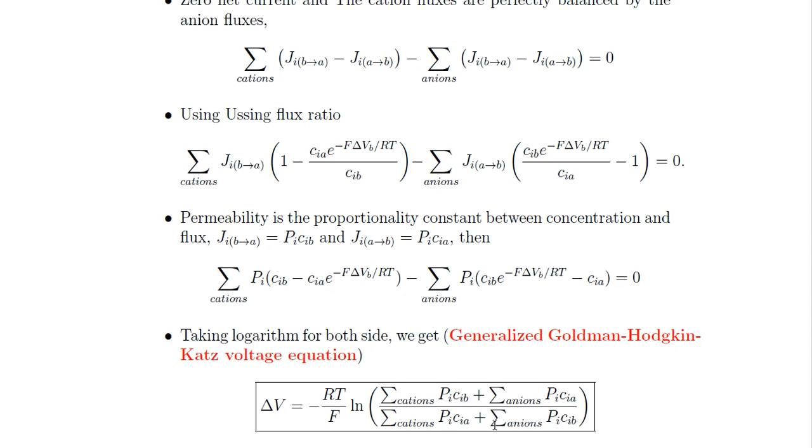We have so many species, so we can summarize it using this equation, for all N ions.